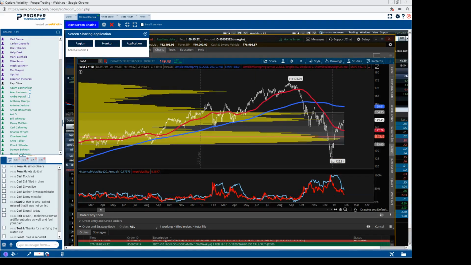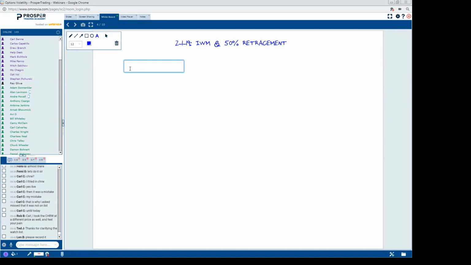What I'm looking at here, and it's really clear on this one in IWM, is the high we hit right here back in late August, 173.39, to the low that we hit post-Christmas, 125.81. Okay, so let me put this on here.